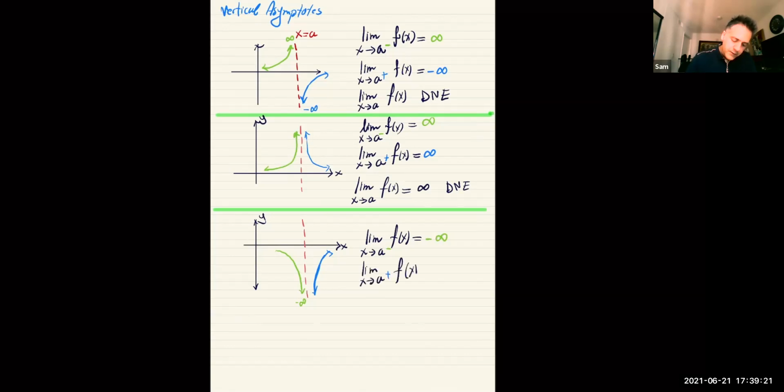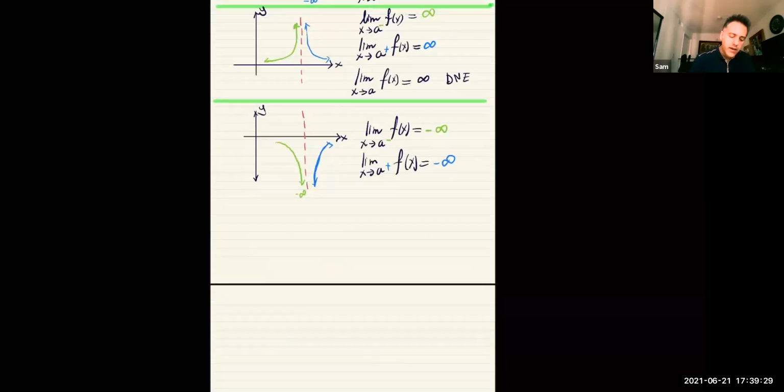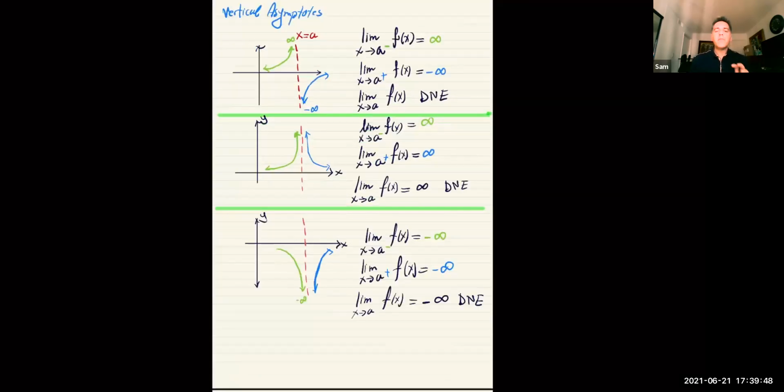And since from both sides of a the function goes down to negative infinity, we can be specific and say that the limit as x goes to a of the function is just negative infinity. But still, since negative infinity is not a number, we say the limit does not exist. Anytime the limit is infinity, it's a DNE.